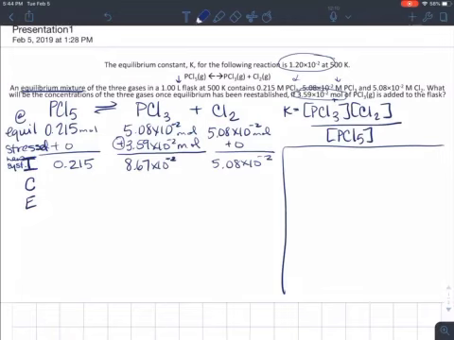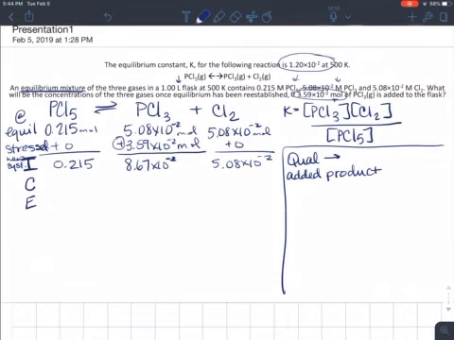What we need to know now is the change. And we can do this one of two ways. Either one would be valid in this case. Qualitatively, we added some of one of the products. We added some PCl3.